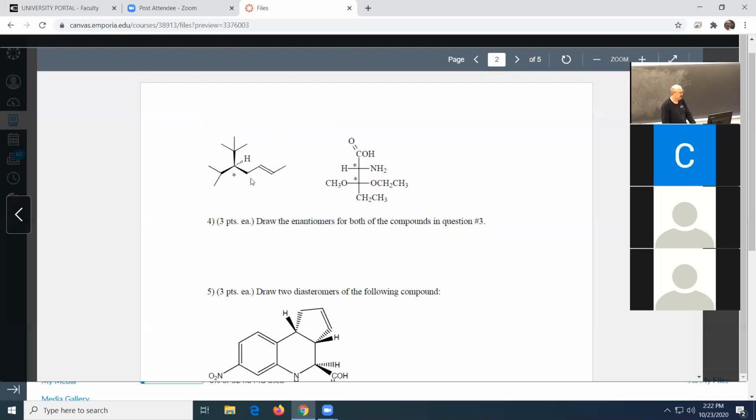We have a CH2, we have a tert-butyl group, and we've got an isopropyl group. A carbon with 3 carbons on it takes priority over a carbon with 2 carbons or a carbon with 1 carbon. So the tert-butyl is highest priority, then the isopropyl, and then this other group. So this goes counterclockwise, so this one is S.